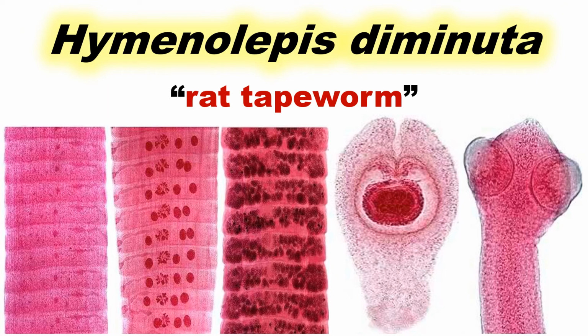It differs from your H. nana because it requires an intermediate host such as insects like Lepidopterans, myriapods kag beetles. So it undergoes an indirect life cycle only, no? There is no direct life cycle for your H. diminuta.